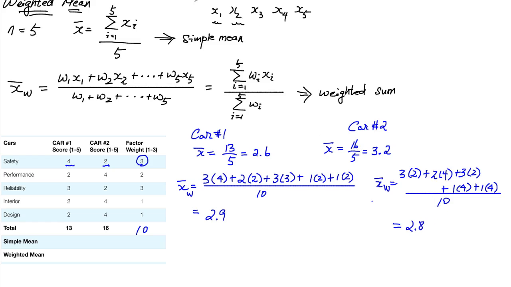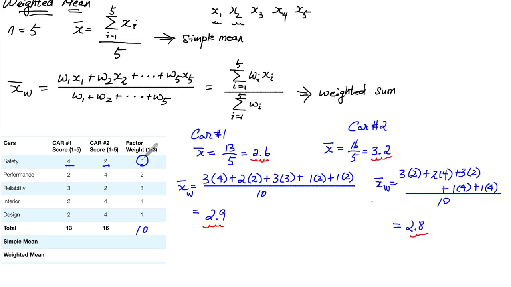So what's interesting to note here is that although car number 1 scored lower in terms of the simple mean, it has scored higher after we take into account the factor weights associated with each of the scoring categories.